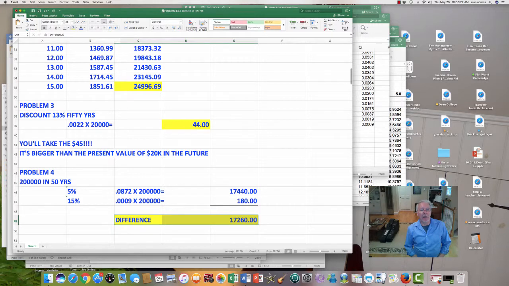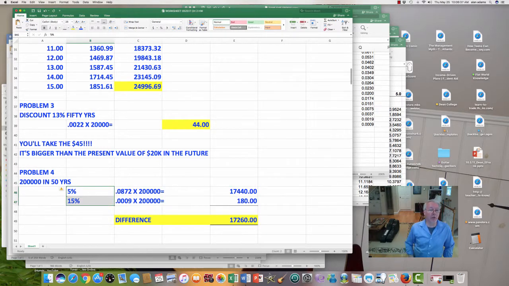Now, a student a couple semesters ago said to me, Professor Adams, rather than doing this, if you want to find the difference, instead of doing both calculations and subtracting, couldn't you simply take the difference between those two numbers, 10%, and multiply it by 200,000?